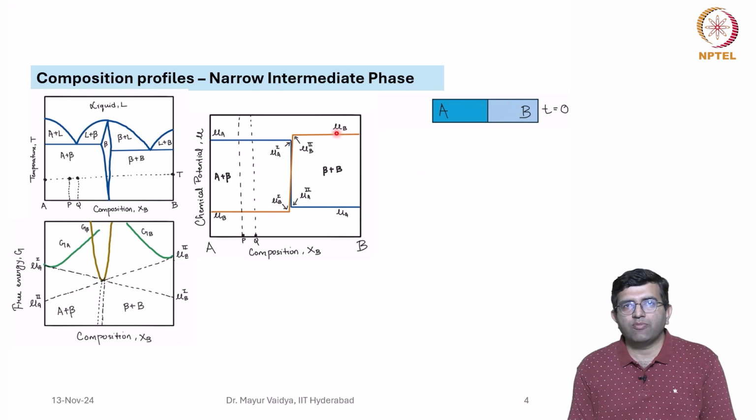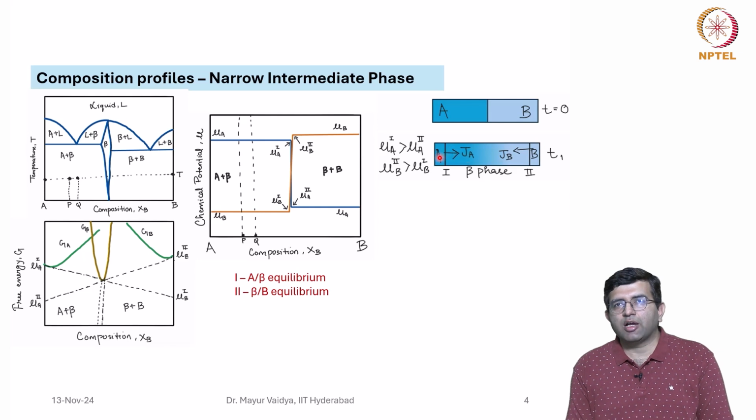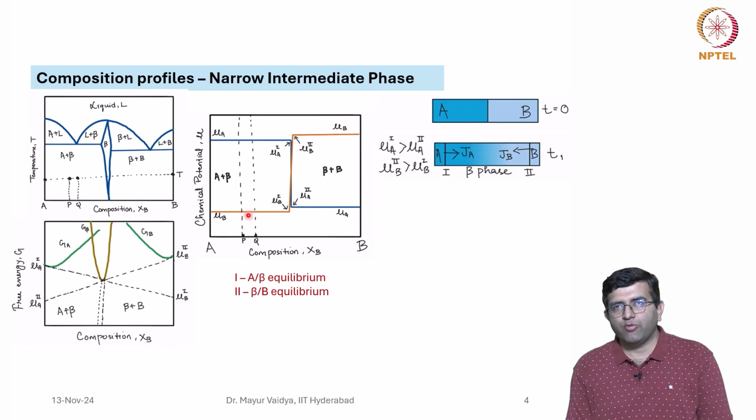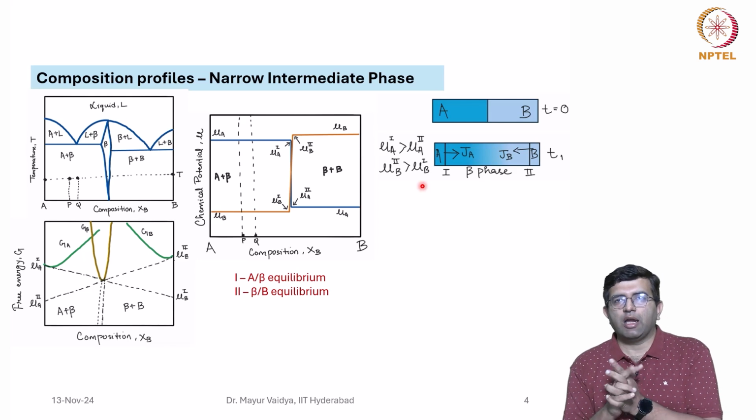The mu B is somewhere here and mu A is somewhere here, and therefore, you can have the flux of A going from A to B and the flux of B going from B to A. You will see that in A, mu B is 0, in B, mu B is maximum, and therefore, there is a difference in chemical potential of B. Similarly, there is a chemical potential difference for A, and therefore, the diffusion will happen from 1 to 2 for the A element and 2 to 1 for the B element. This is more straightforward, and we understood this now.